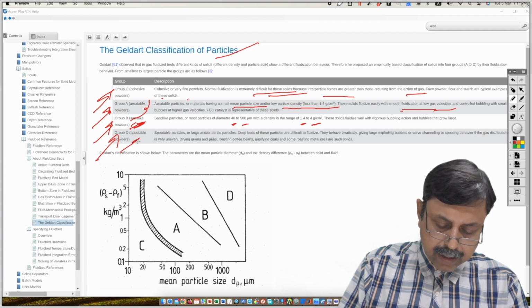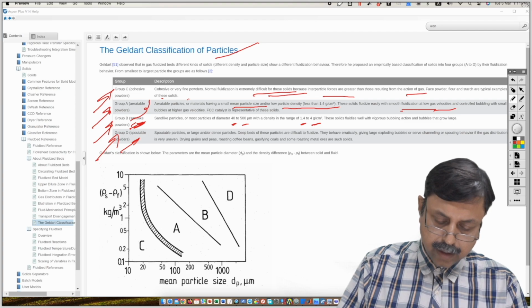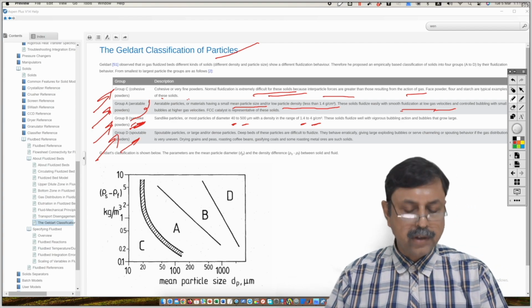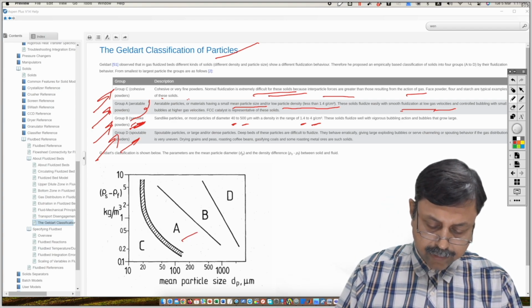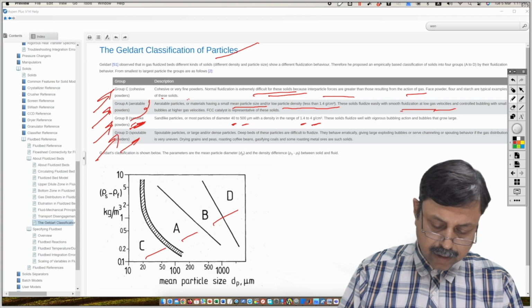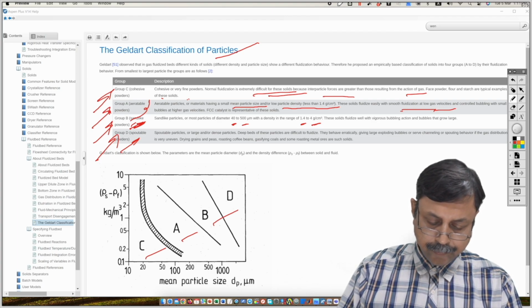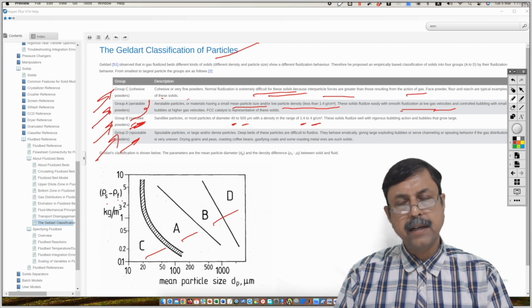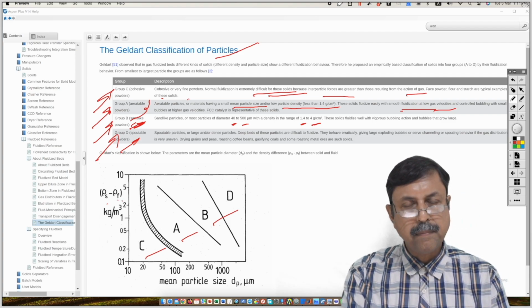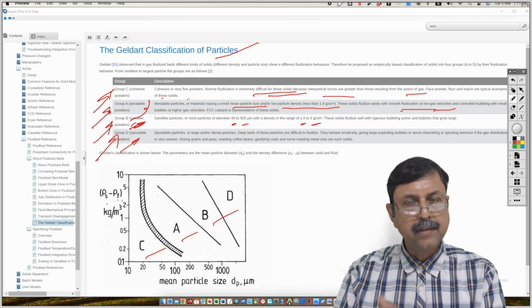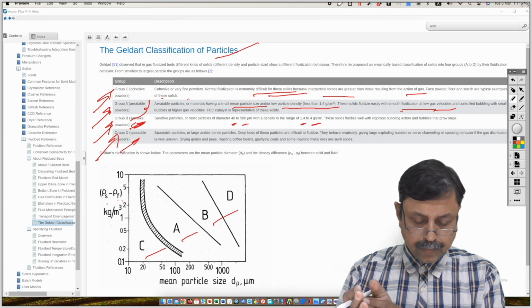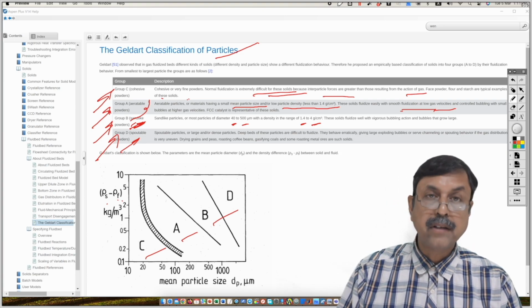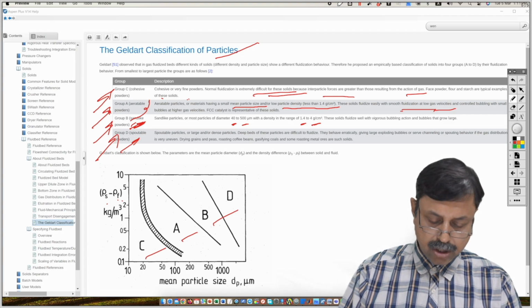And finally, Geldart D, that is spoutable particles or large and or dense particles. So that is for Geldart D. And all those A, B, C, D, they are given, and you can see how the rho S minus rho F, that is the density of solid particle minus density of the fluid, or density of the gas rather, rho F is the density of the gas.